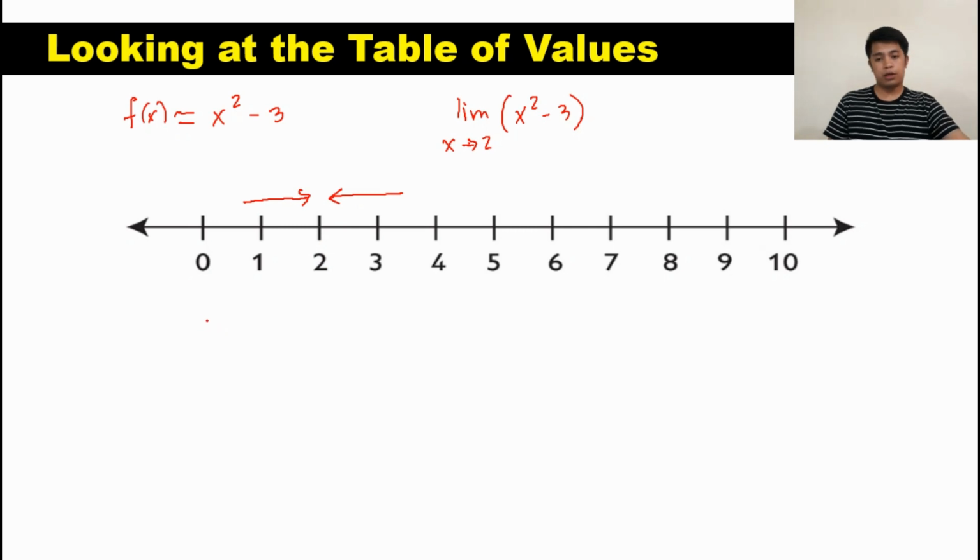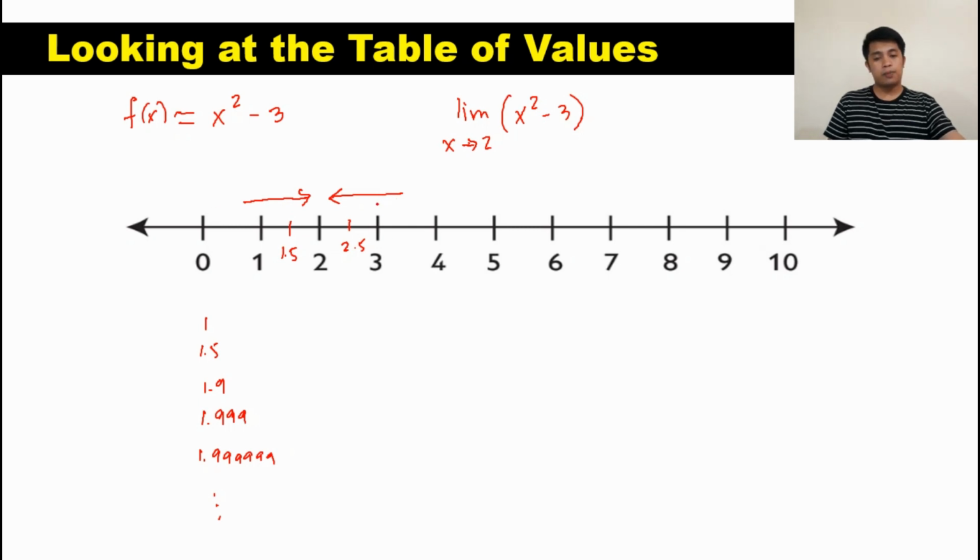Pwede ta mag-list of 1, 1.5, 1.9, 1.9999, 1.999999, dot, dot, dot. As long as we are not taking 2 as our value, then muna siya ang gamiton unya sa atong table of values.